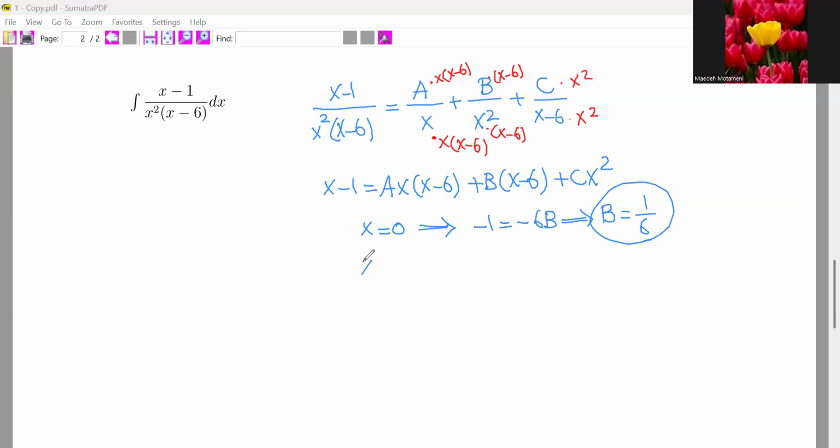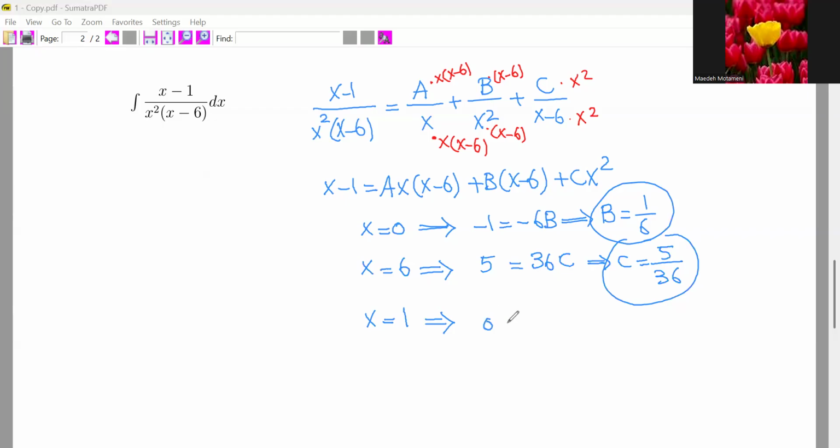Pick another number. I would like to pick 6 because it makes two terms 0. If I plug in 6, the left side will be 5, and the right side, I don't have the first term, I don't have the second term, I only have the last one, which is 36 times c. So c will be 5 over 36. One more. You can pick any number, but I would like to pick 1. I think it is easy.